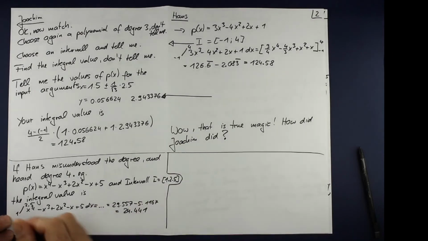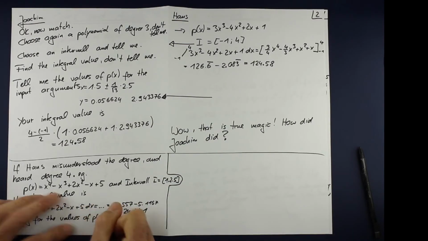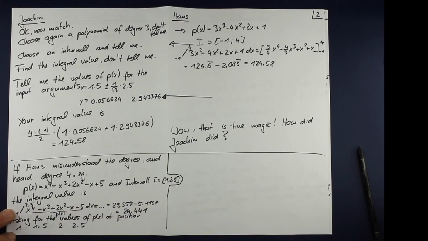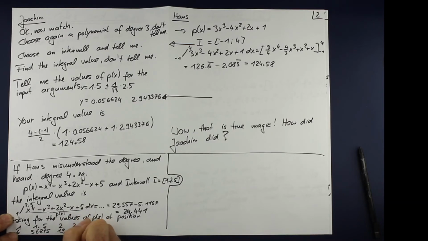Then I would have asked him for the values at position 1: 1 minus 1 plus 2 minus 1 plus 5 is a 6, and 1.5, then he would give me position 2 is a 19, and position 3.